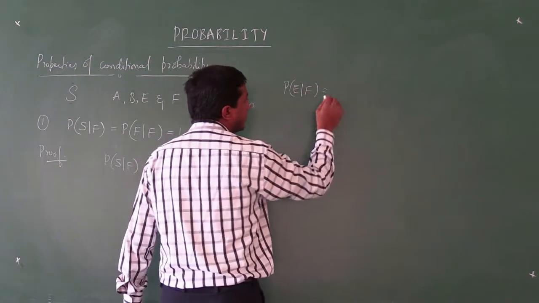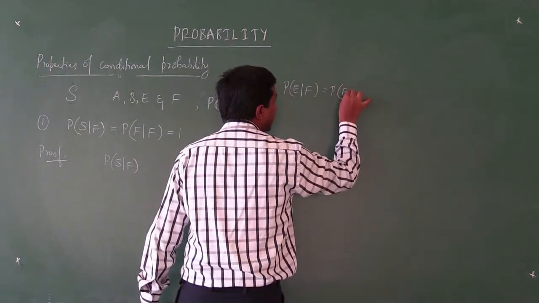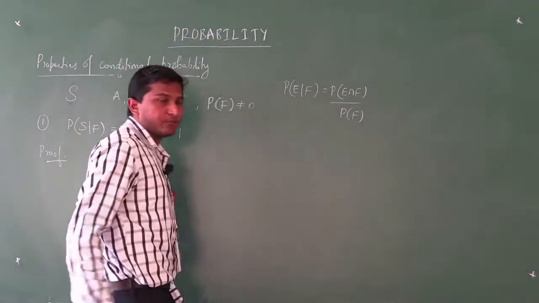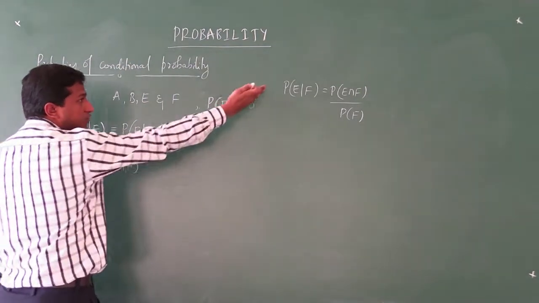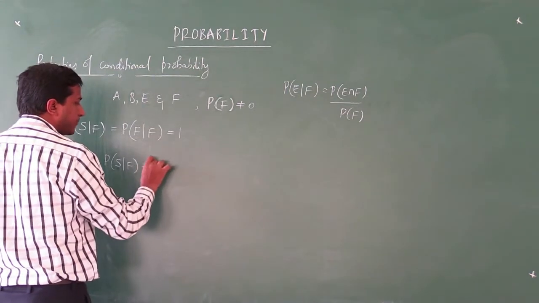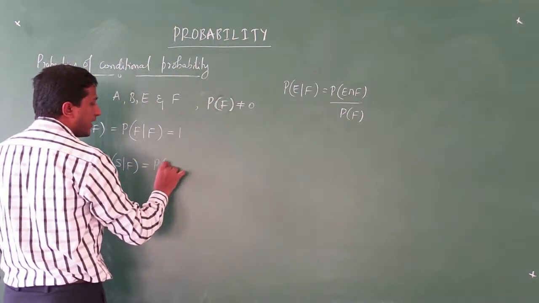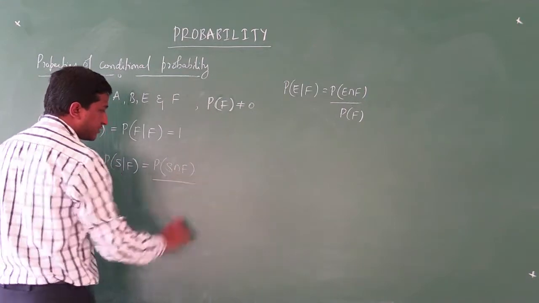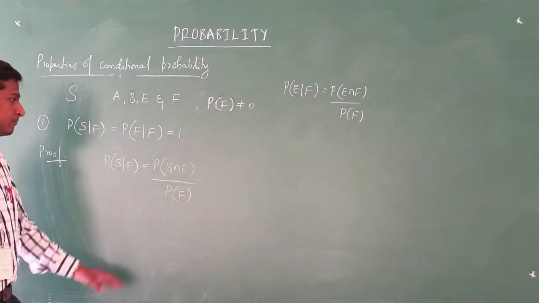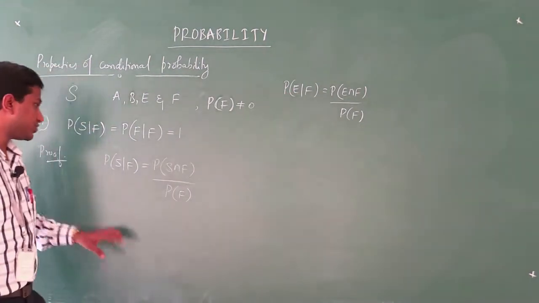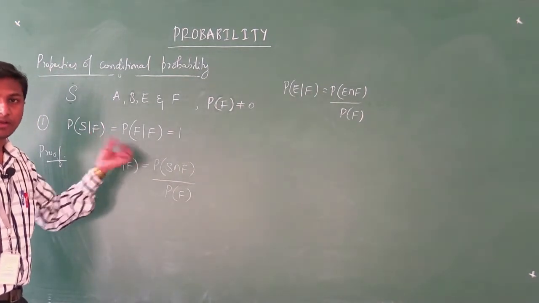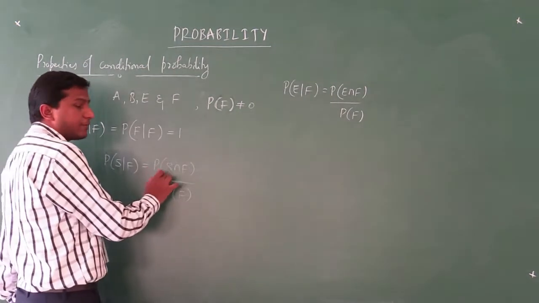P of E bar F is nothing but P of E intersection F by P of F. Similarly, in the place of E we have S here. So it becomes P of S intersection F divided by P of F. So all I have done is use the definition to write down the formula for P of S bar F.